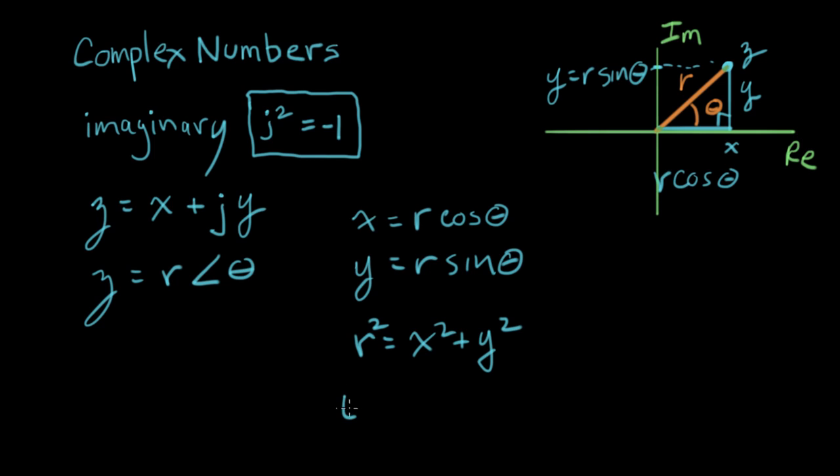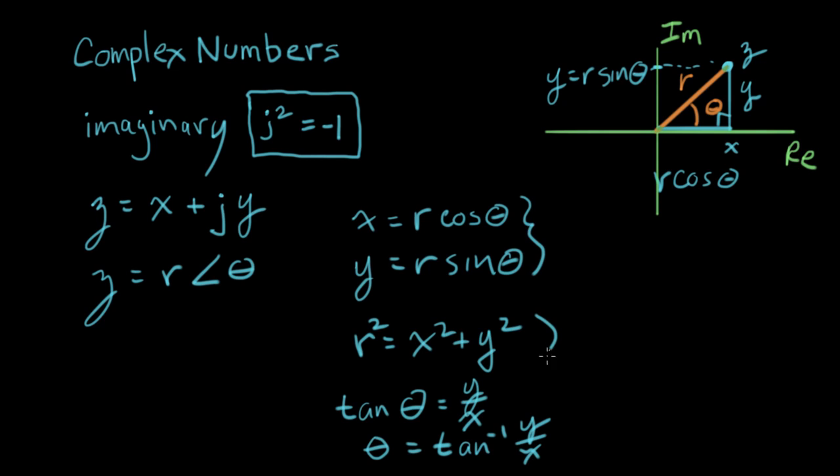So tangent of theta equals y over x. On your calculator, you would say that theta equals the inverse tangent of y over x. So there are two conversions between two different forms of the complex number.